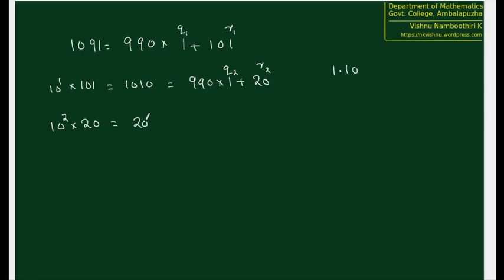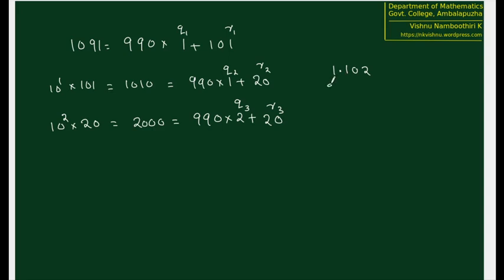This is equal to 2000, and that is 990 into 2 plus 20 again. So this is 990 into 2, therefore 1980 plus 20. This is our Q3, this is our R3. So Q3 we will write here, but since we have already taken 10 square, we already have here 1 0 included. So 2 is the quotient Q3.